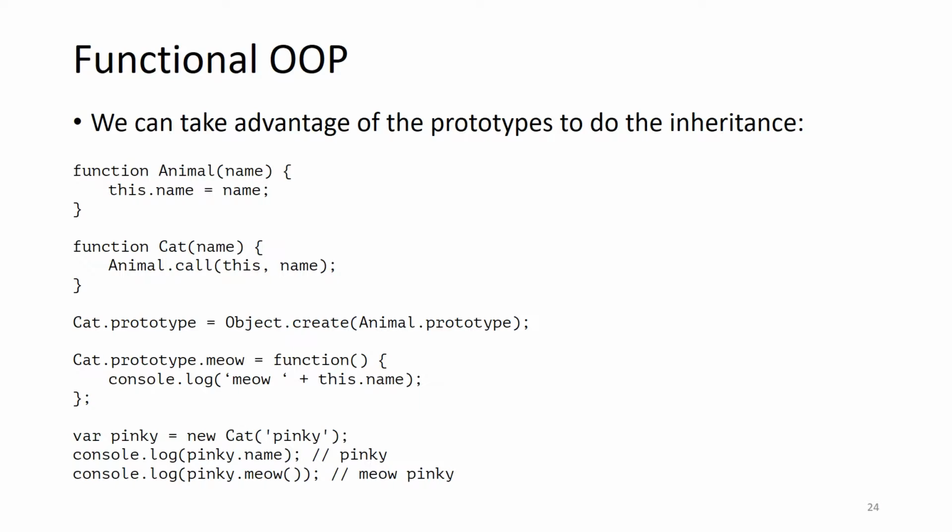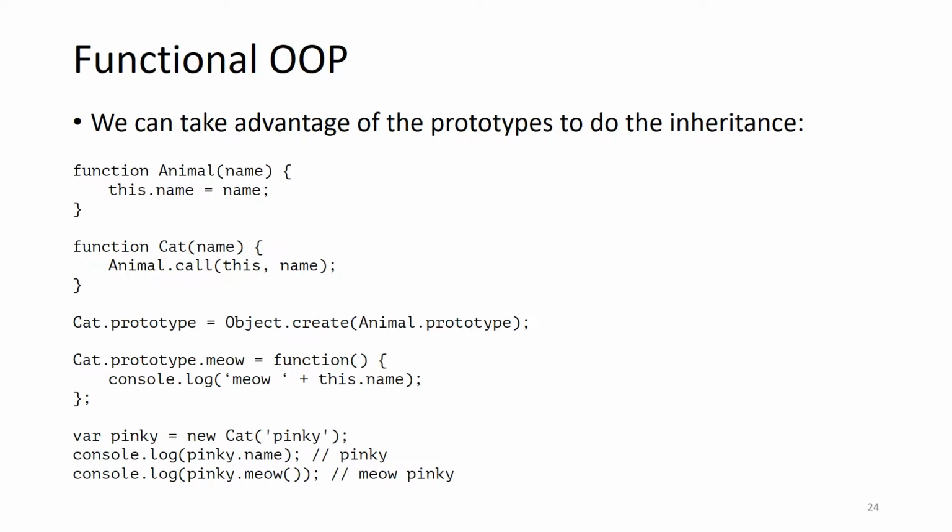We have to use a special way to call a function, called call. We could just write animal(name), but since we have no dot here and nothing to the left of it, for this call, this will be undefined.